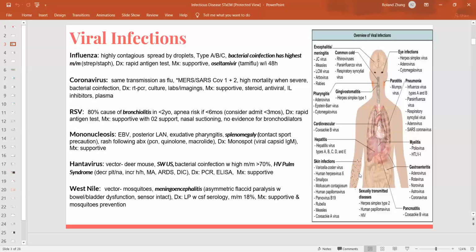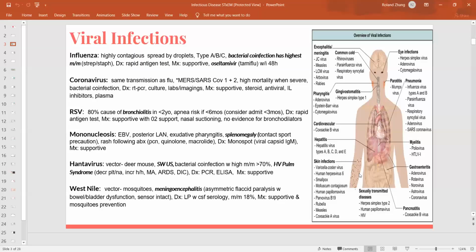And just like any other virus, especially the flu and the corona, it's transmitted to the respiratory tract, and so it causes significant pulmonary issues. Eventually it causes end organ failure with ARDS and DIC. And management, of course, is still supportive.